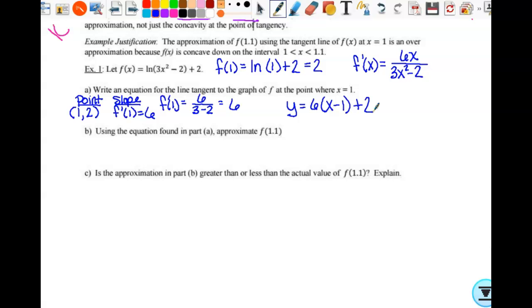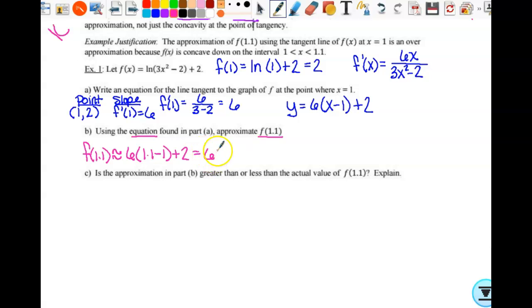Everybody okay with that? So now I want to use the equation I just did and approximate f of 1.1. So f of 1.1, this is super important here, is approximately, right? I have to have squiggly equal signs because it's not equal to. It's approximately, and I substitute in 1.1 into here: 6 times 1.1 minus 1 plus 2.